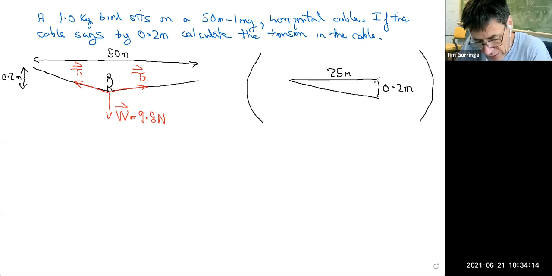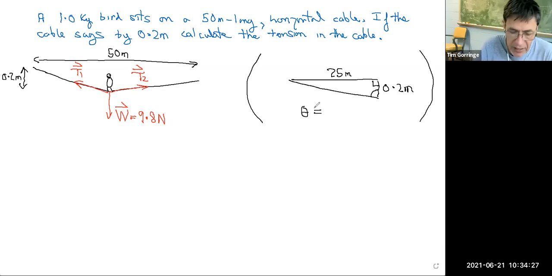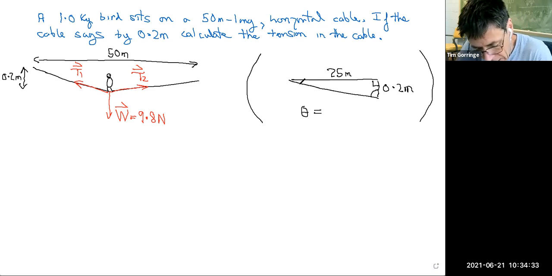So there is this right angled triangle. There's actually one on the left and one on the right in this problem. And I want to figure this angle in here. I'm going to call this angle theta. It's the angle of the cable with respect to the vertical on the left or on the right. And we can calculate that angle using our trigonometric functions. And the one that we want is the inverse tangent or arctangent of the opposite side of the triangle.